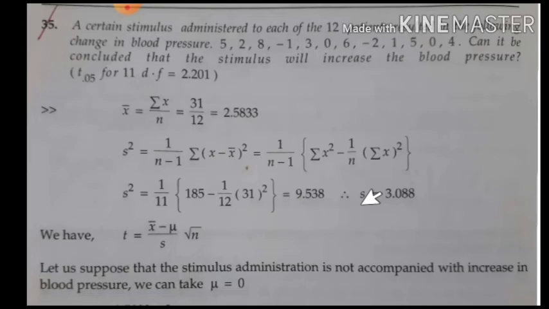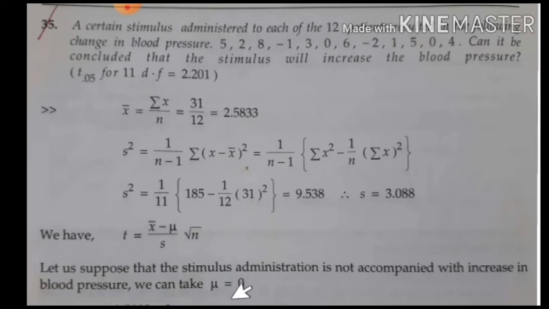Because if there is no increase in the blood pressure, it means that the blood pressure values after giving stimulation in a patient have no changes. No changes means that when I take the average mean value, there will be no change in the mean we are going to get. So that makes us take mu equal to 0.